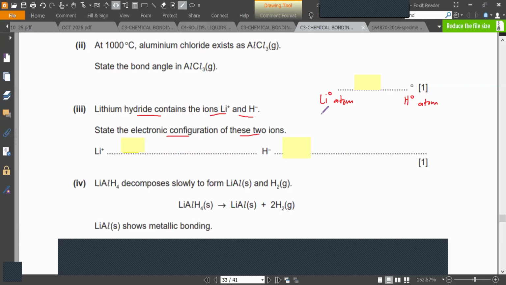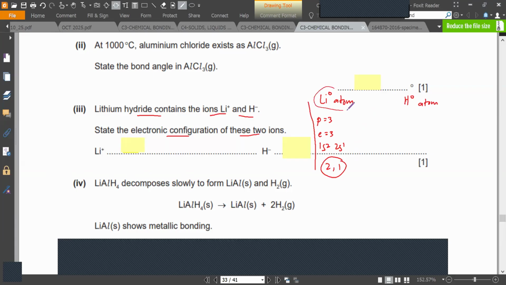If we look at the periodic table, lithium's proton number is 3, electron is 3. So the electronic configuration is 1s2 2s1.